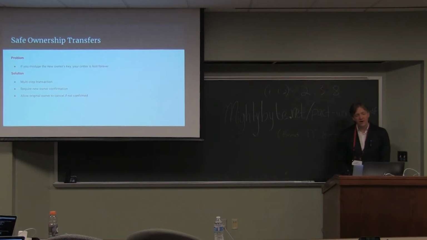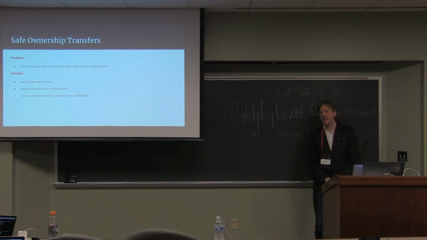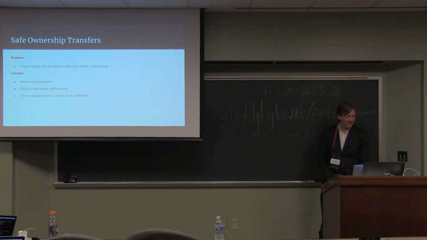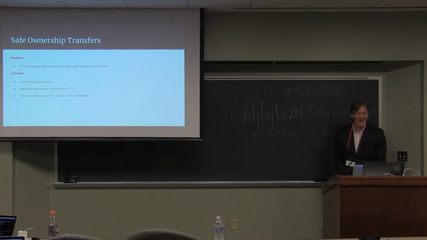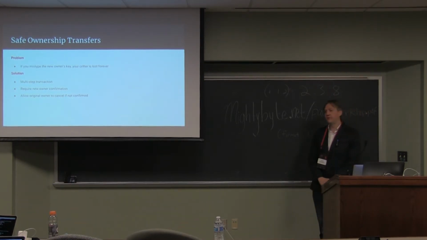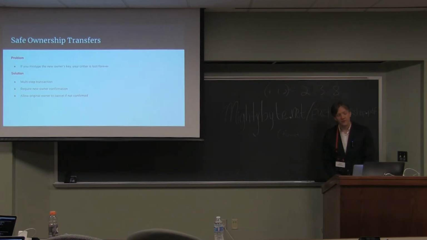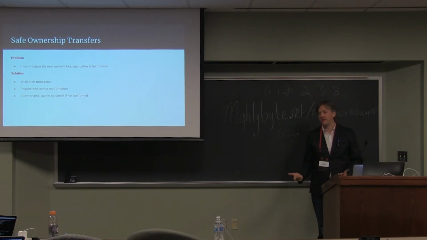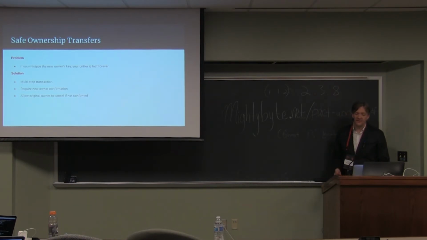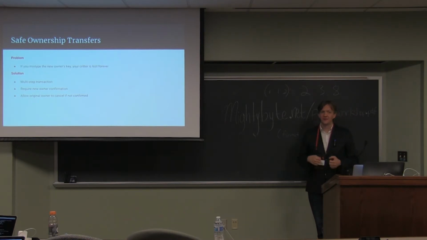This is going to require you to keep some new data around somewhere. And the way that I would recommend doing it, or the way that I did it, was to add 2 new fields to your critter definition. One field is just a Boolean flag that says we are transferring. And the second field is a key set of who we're transferring to.